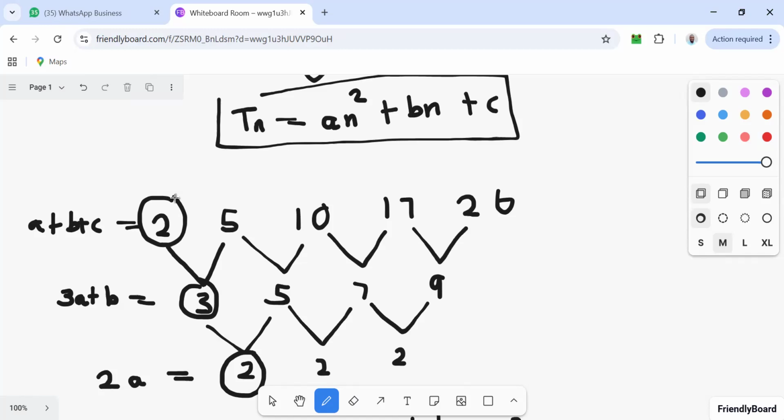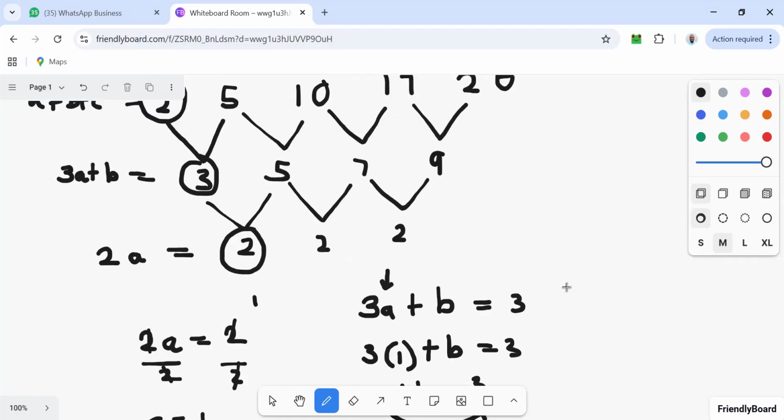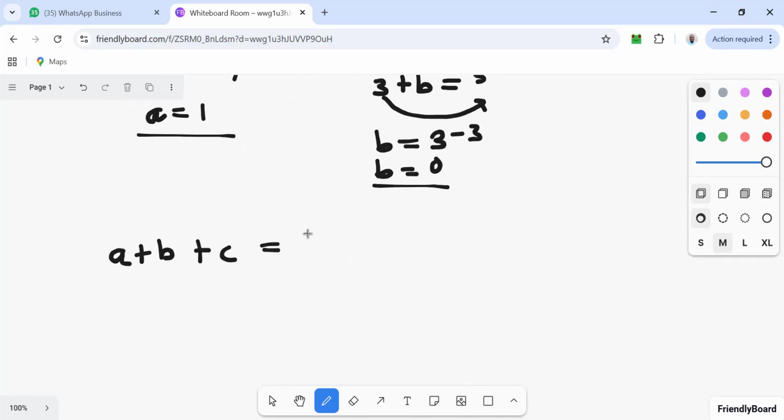So A plus B plus C is equal to 2 in our case here. So I come here and write A plus B plus C is equal to 2. Then I'm going to substitute the value of A and the value of B in order to find C.